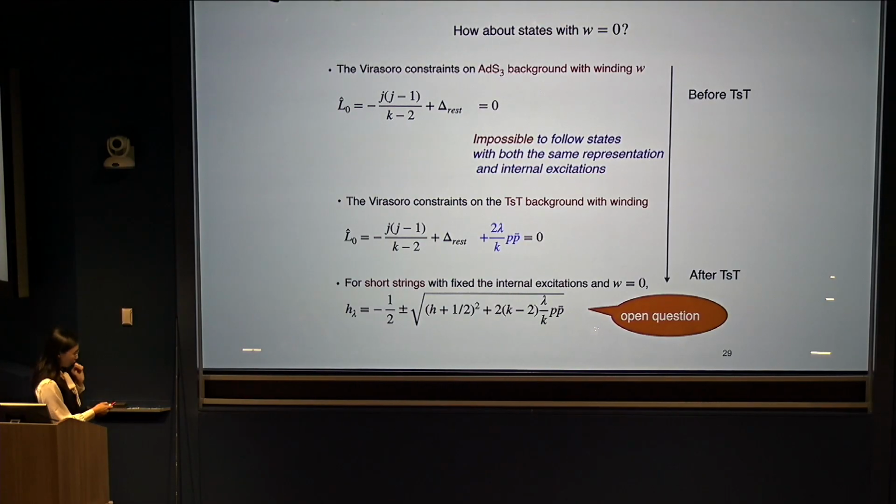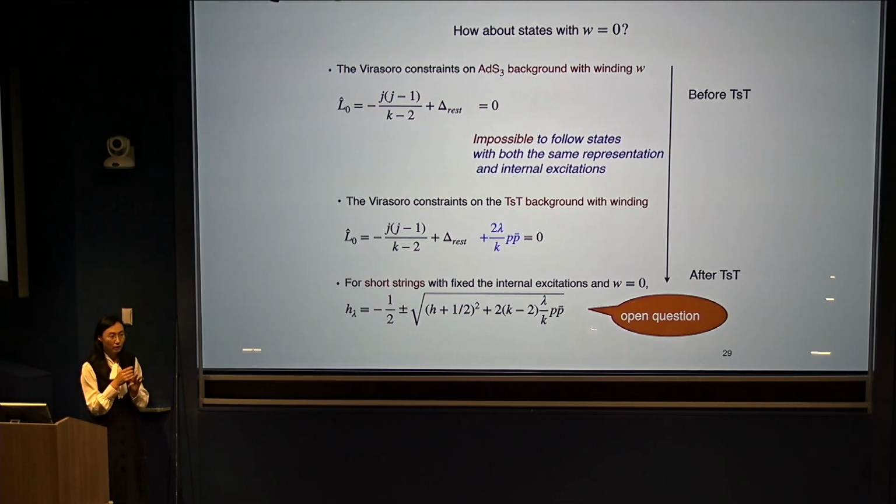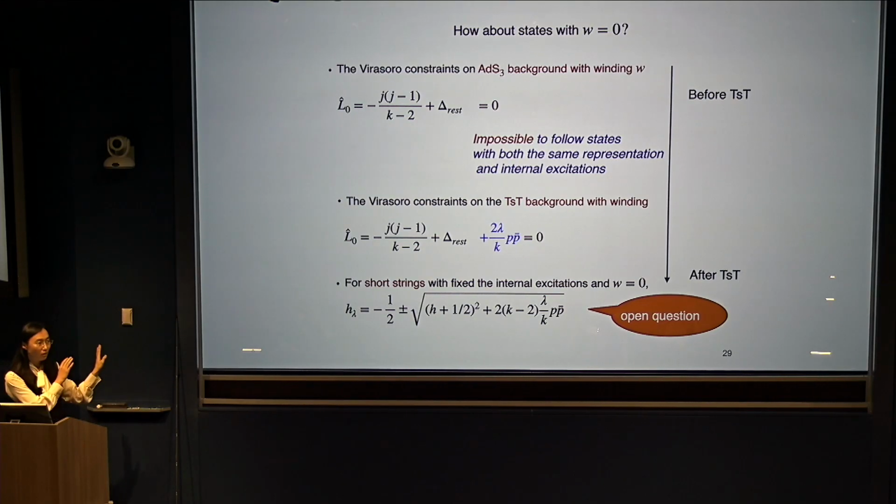And so you may wonder, the string theory contains both long strings and short strings. Long strings necessarily have a non-zero winding, and that's how the spectrum matches. But we still have short strings, and short strings can also have zero winding. And what goes on with this? If we do the same trick, we'll find that it is impossible to fix the SL2 representations because there's no winding around.